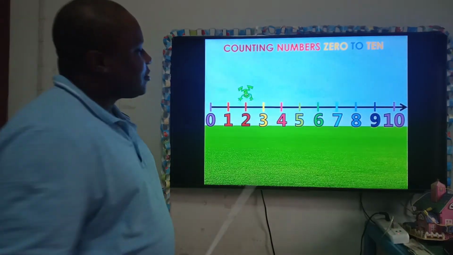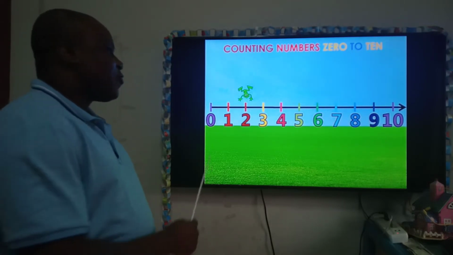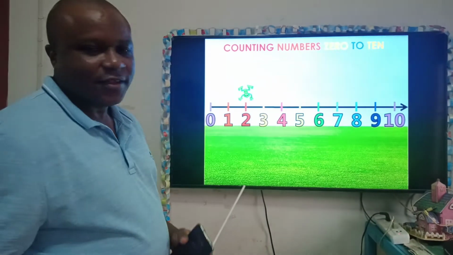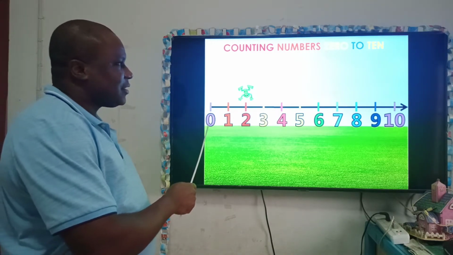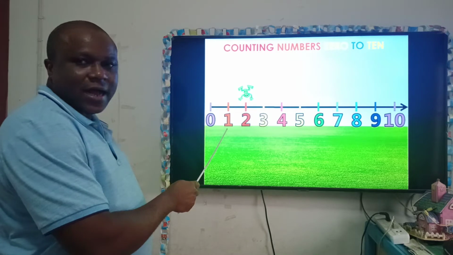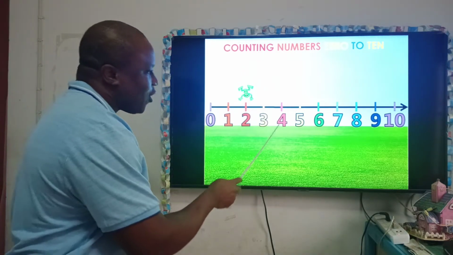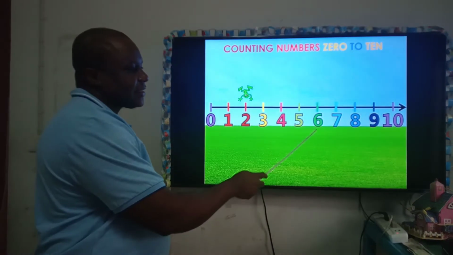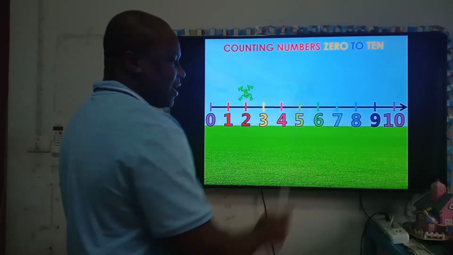So in counting numbers, there's something you're supposed to understand, that we need to start from the beginning. So the beginning is from what? 0. This is 0, 1, 2, 3, 4, 5, 6, 7, 8, 9, 10.